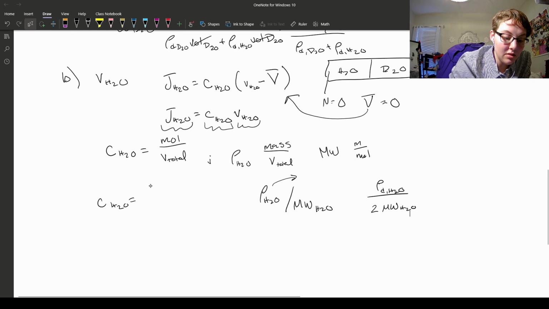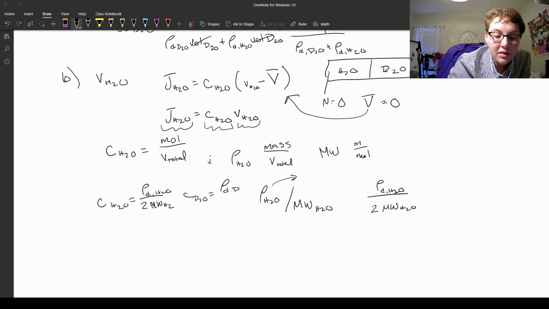So the molar concentration of H2O is equal to the density of H2O divided by 2 times the molecular weight of H2O. Same can be said for the mole concentration of D2O. It's just going to be the density of D2O divided by 2 times the molecular weight of D2O.